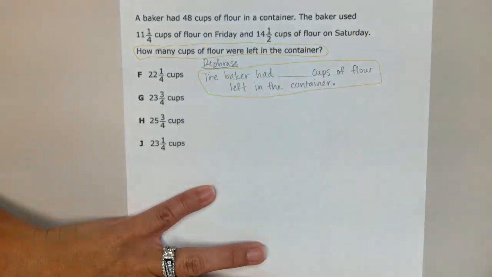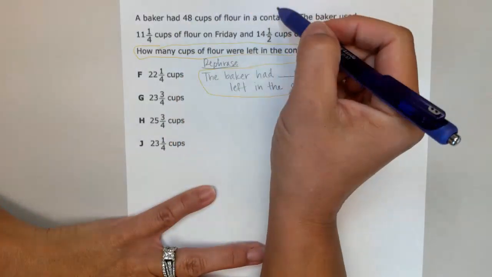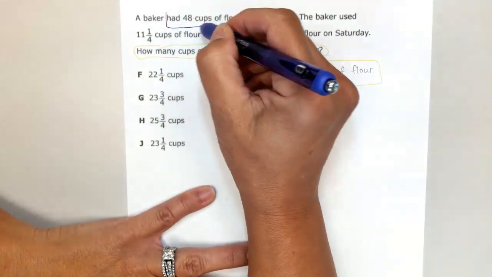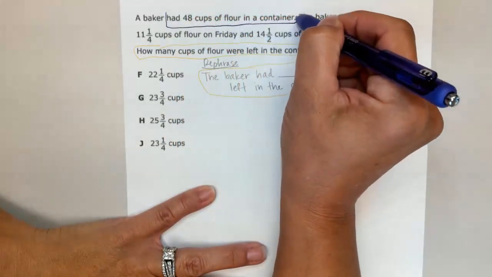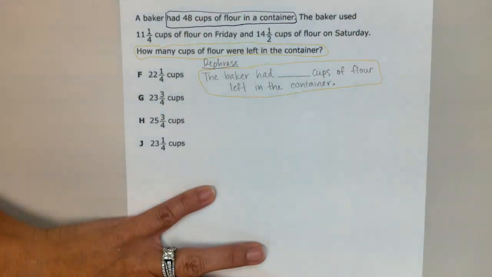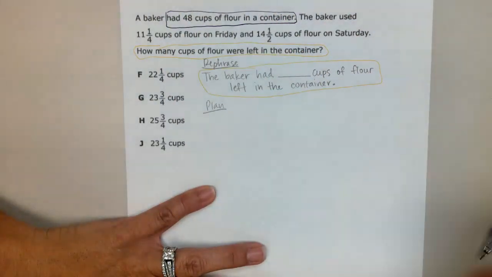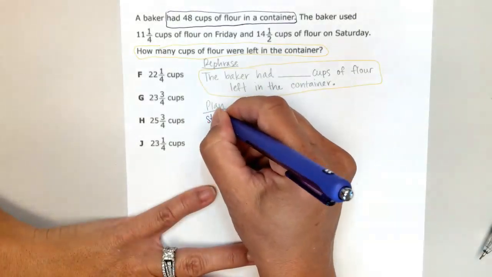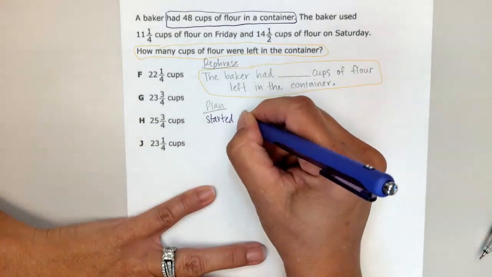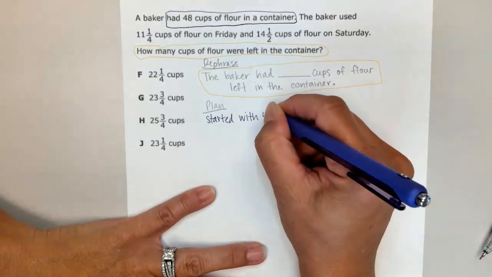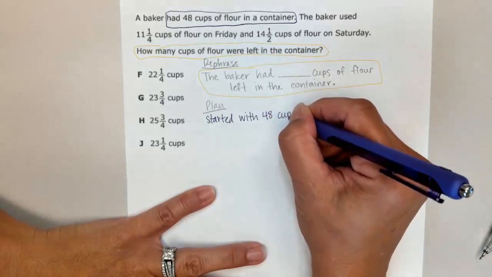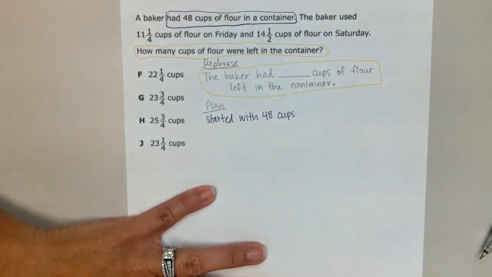All right. I think we have established that this is our total. He had 48 cups of flour in a container. So if I'm talking about my plan and what I'm going to be doing, started with 48 cups in a container.